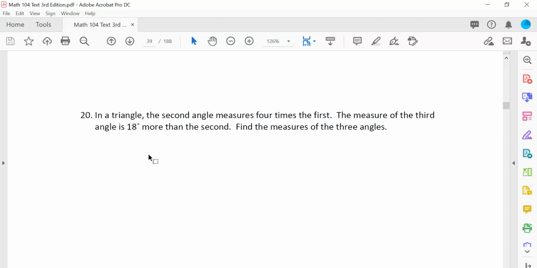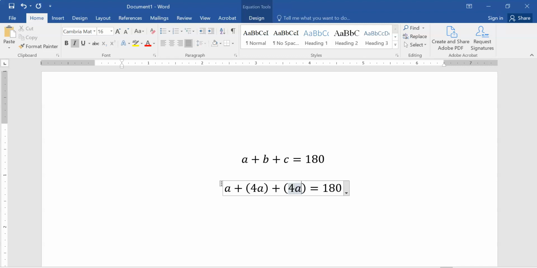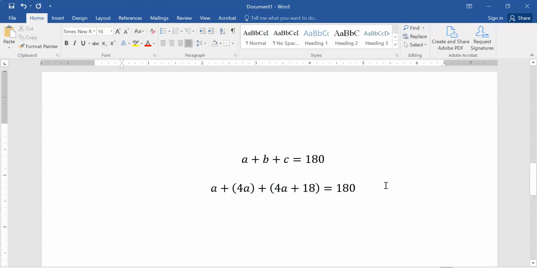The measure of the third angle is 18 degrees more than the second. Now be careful here because it's 18 degrees more than the second, not the first. So if I'm looking at the second angle, that's 4A, 18 degrees more than the second is 4A plus 18. We want to go 18 degrees more than that.